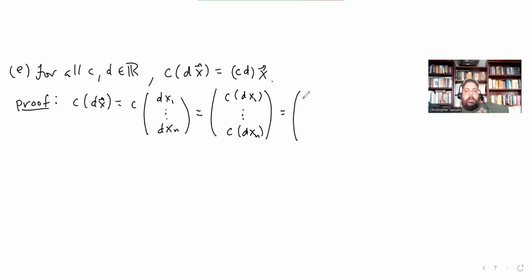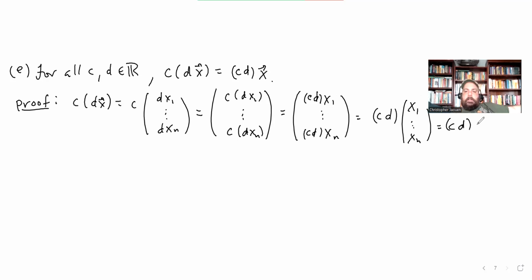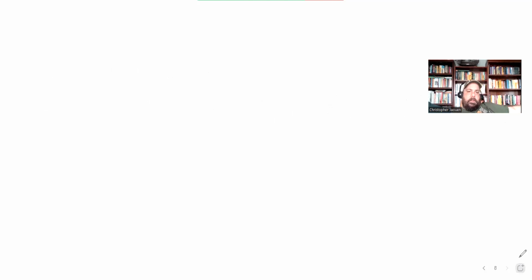And again, multiplication of real numbers is associative, so we can reassociate cd x1 up to cd xn, which I can factor out the scalar, which is cd times x. That's letter E.